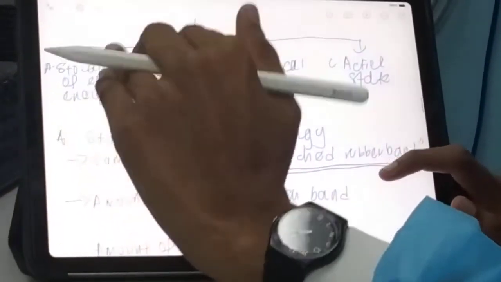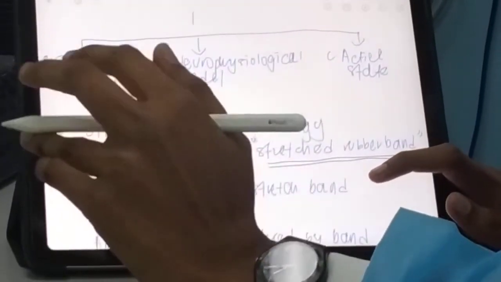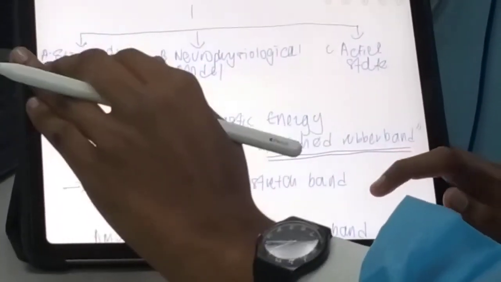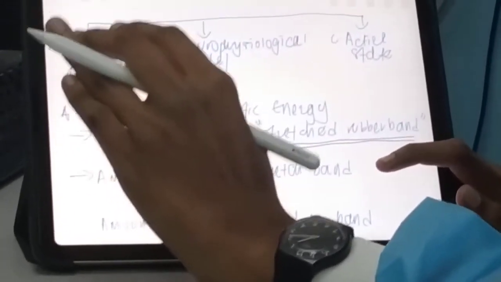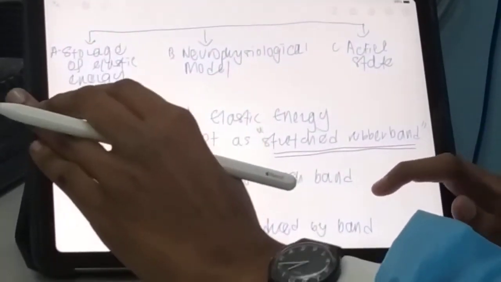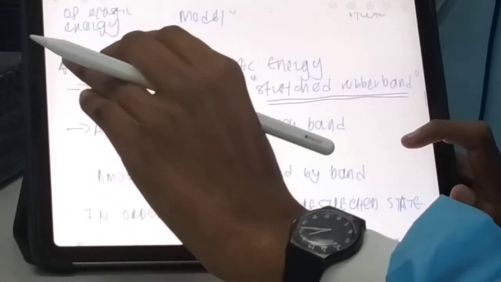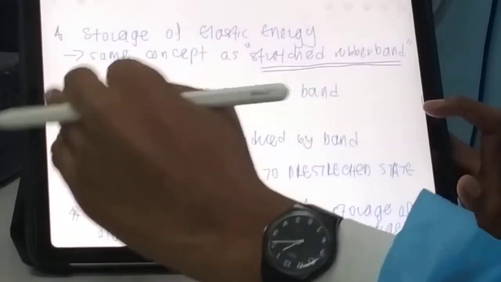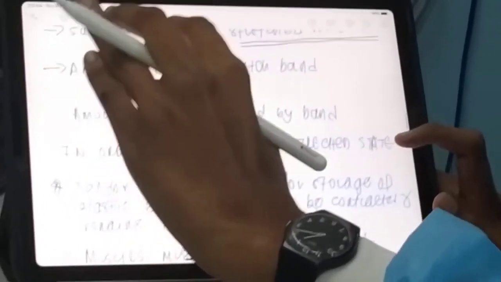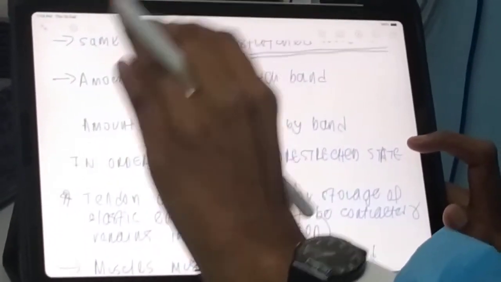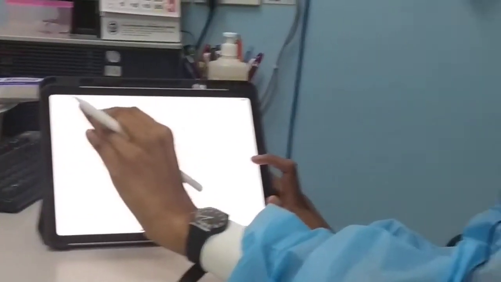So the storage of elastic energy is basically like a stretched rubber band. The amount of force applied to stretch the band is equivalent to the amount of force produced by the band, in order to return to the pre-stretch state. The tendon is the primary site for the storage of elastic energy.